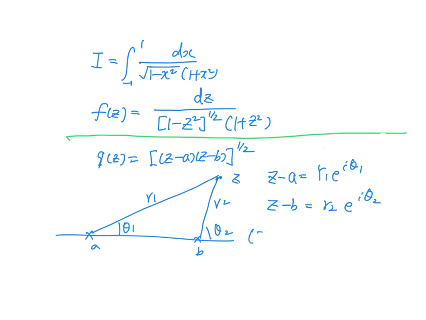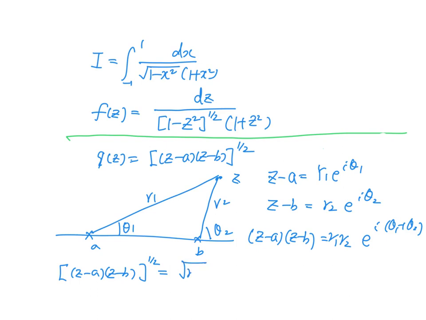So (z minus a)(z minus b) is r1 r2 exponential i (theta 1 plus theta 2). So f, the square root of (z minus a)(z minus b), is square root of r1 r2 exponential i (theta 1 plus theta 2) divided by 2. So that is your g(z). The absolute value of g(z) is actually square root of r1 r2.